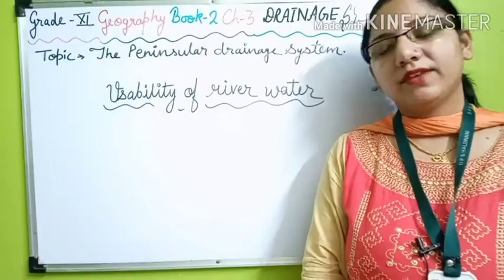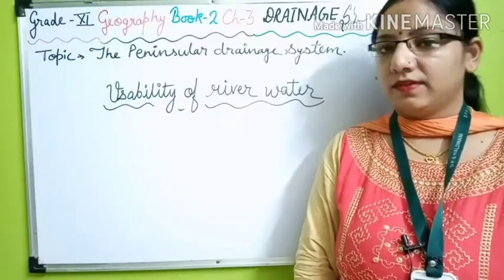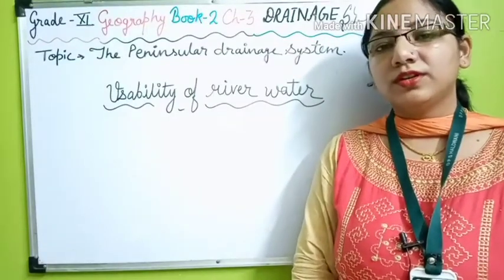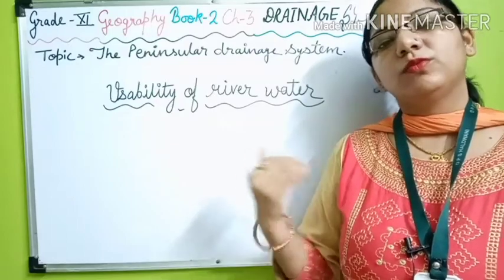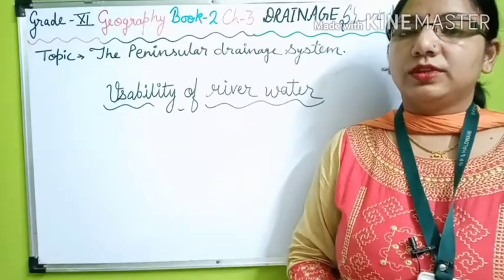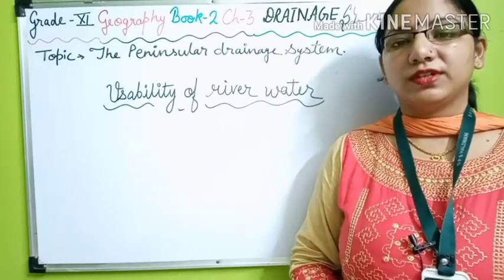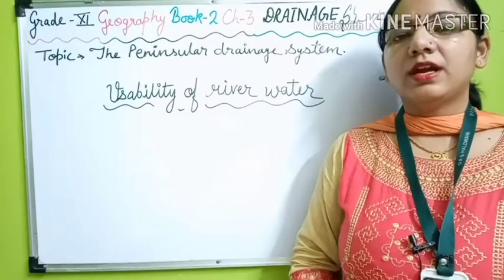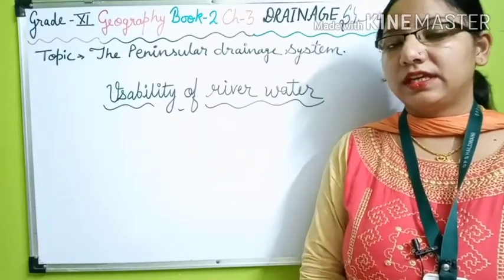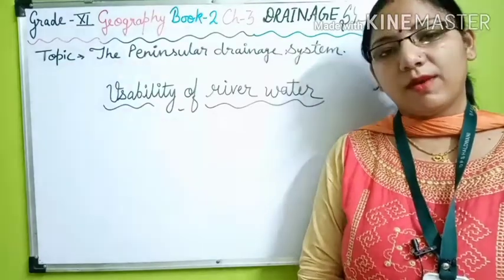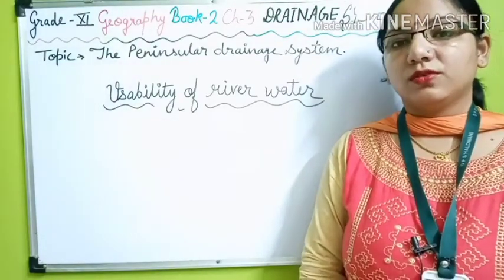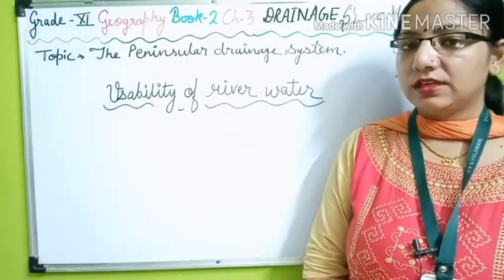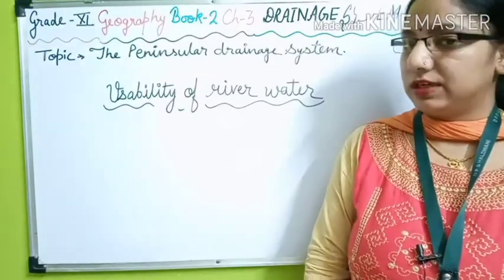Students, many times we have seen polluted rivers. So what can we do to remove the pollution? There are a few schemes which were started by the government, and here is a scheme that is known as the Namami Project. So what is this project? We can see through this picture.